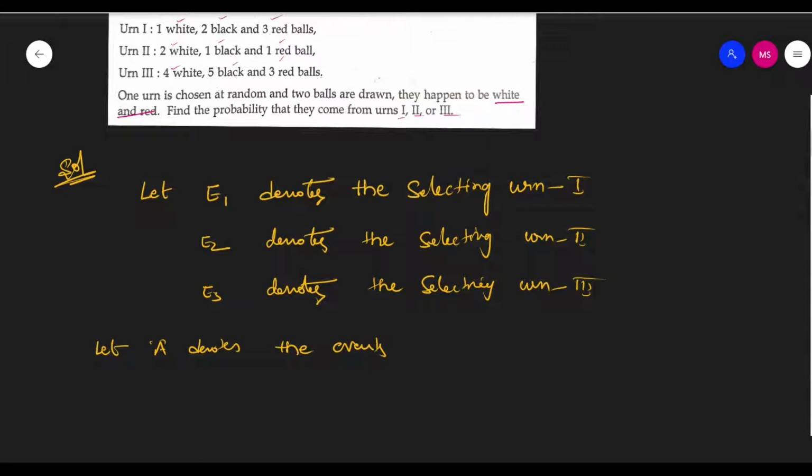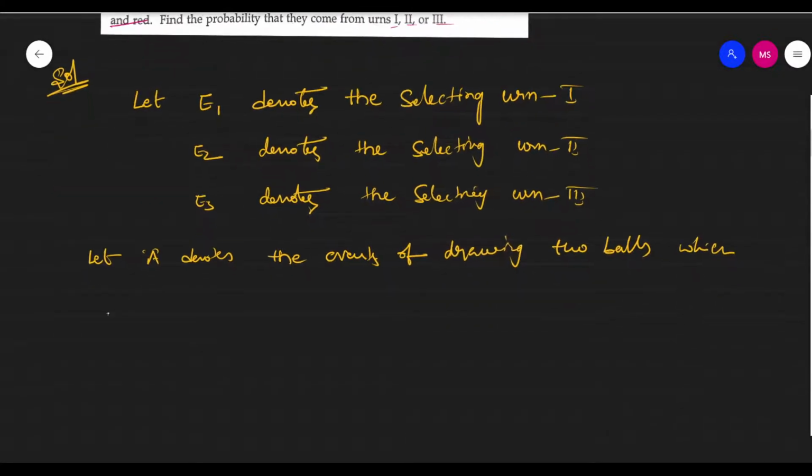This is an important point: I am taking two balls from the selected urn, and they are to be white and red balls.